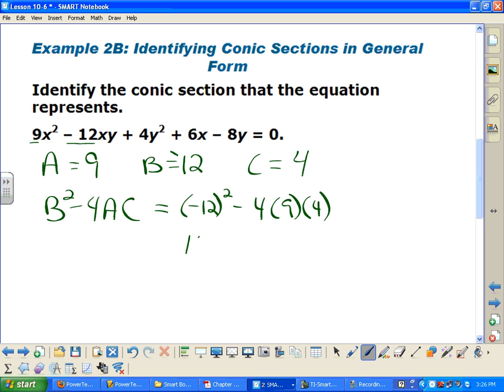So we get 144 minus, let's see, 4 times 4 is 16, and 16 times 9 is 144. So 144 minus 144 equals 0. And since it equals 0, this is a parabola.